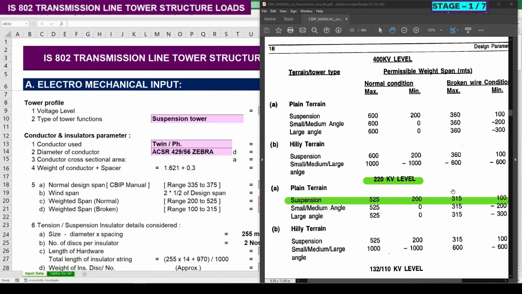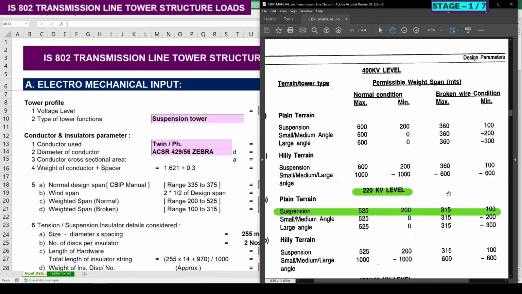For minimum it is 200, so we can consider the weighted span in normal condition in the range from 200 to 525. So likewise we need to consider the span.